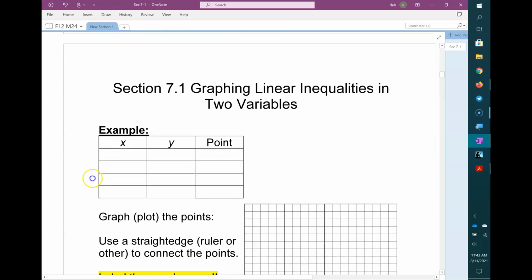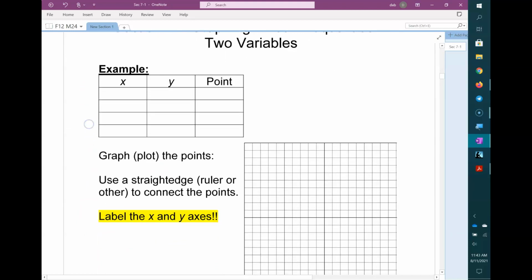Okay, so let's have another example here of y equals 2x minus 1. So make sure you label axes on your graphs and use a ruler to make your lines.